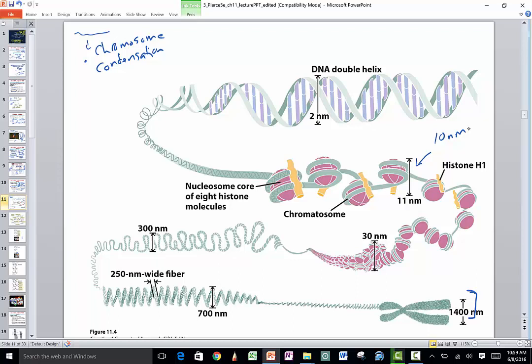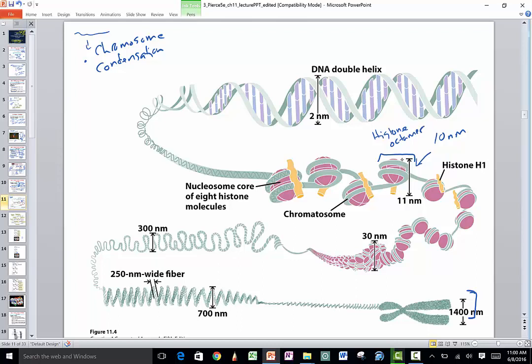So then we've got our nucleosome, this thing. It looks like there's a little globe in this picture, but there are 8 histones. The 8 histones are the histone octamer, and with the DNA wrapped around it, it's the nucleosome.